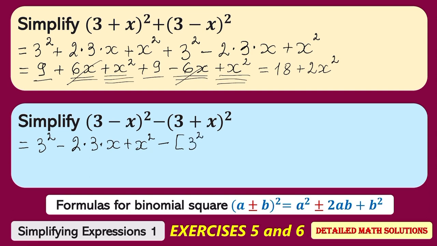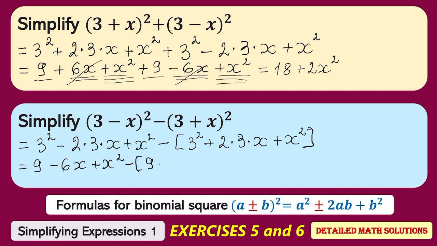So this is 3 squared plus 2 times 3 times x plus x squared, closing parenthesis. When I simplify further, this equals 9 minus 6x plus x squared minus, and I'm going to leave the parenthesis for now, 9 plus 6x plus x squared.